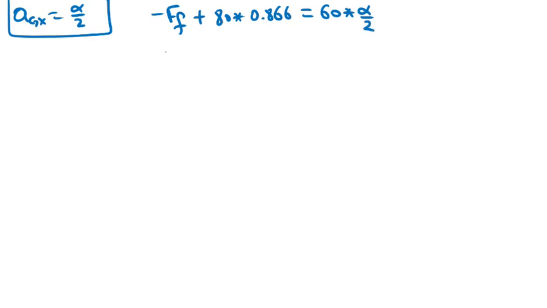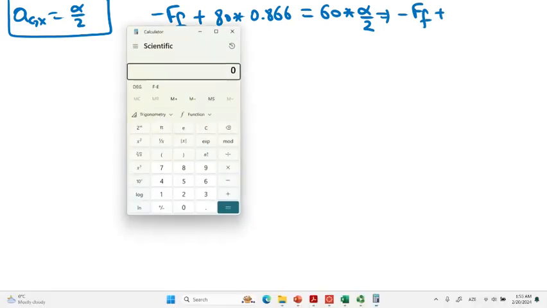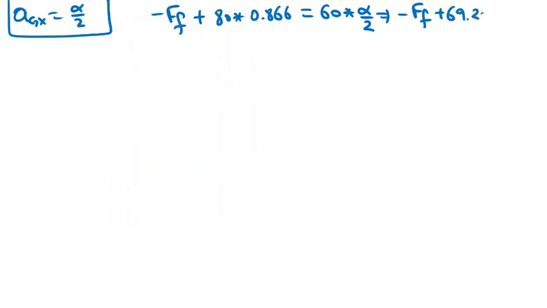If you do these calculations, we get negative F_f plus 80 times 0.866, that is 69.28, and that will be 30 alpha.